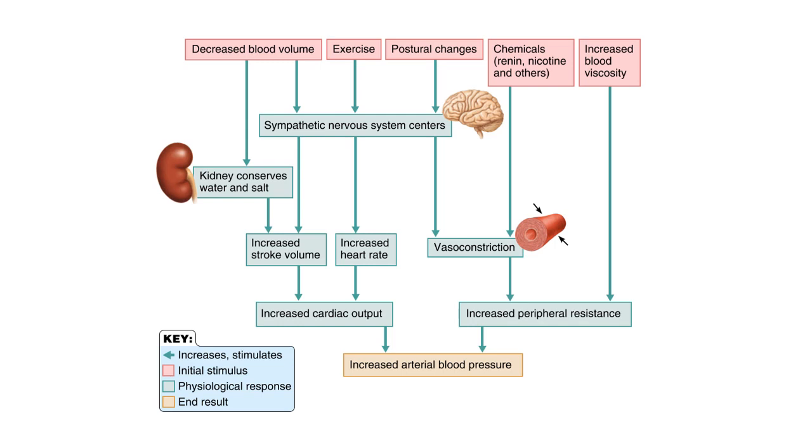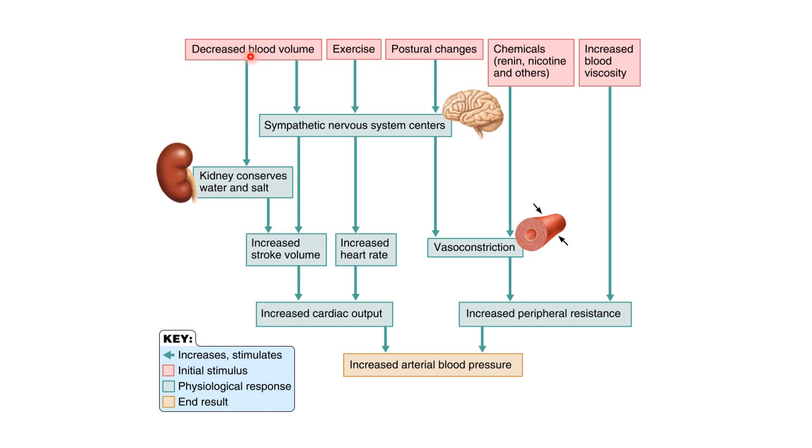So we have here an example of a homeostatic mechanism. What if the human body has low blood pressure? So for example, the low blood pressure is because the blood volume has decreased. So kumonte yung dugo. So dahil kumonte yung dugo, yung blood pressure ay bumaba.